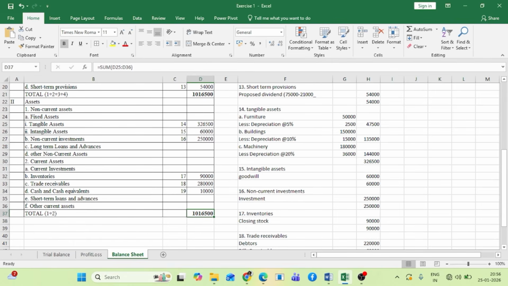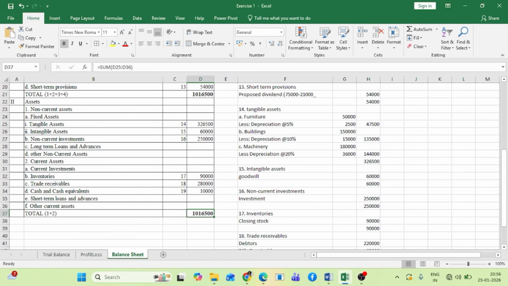We have covered all the items from the trial balance, as well as all the adjustment items, like the directors' proposed payment of final dividend, transfer of profit to general reserve, closing stock, depreciation, and outstanding salaries. So both sides of the balance sheet, assets and liabilities plus equity, are equal. That means the preparation of our final account is done.